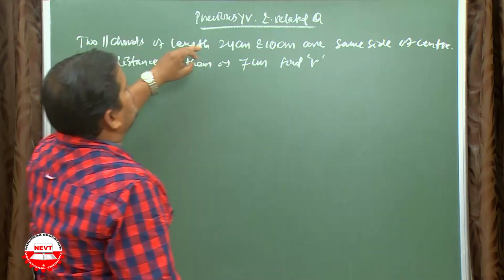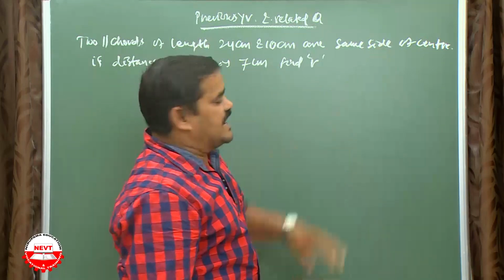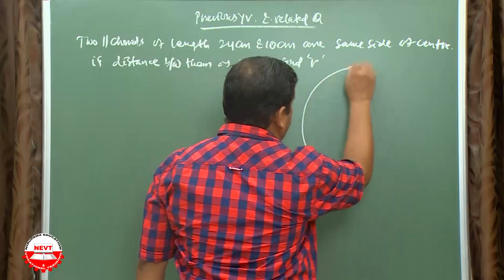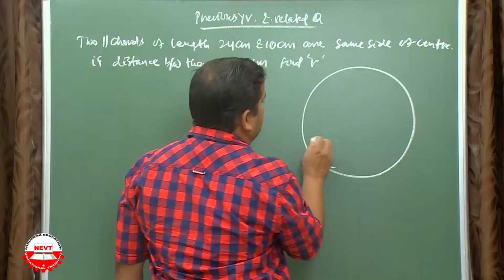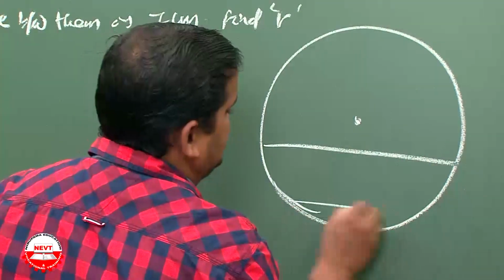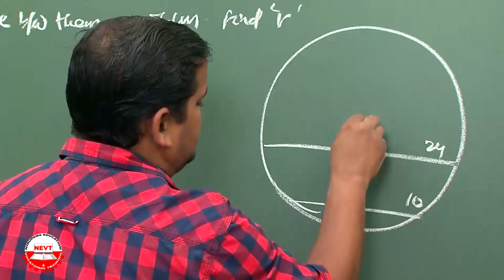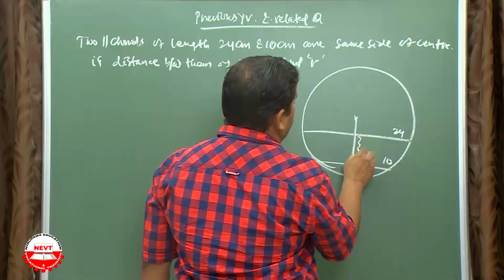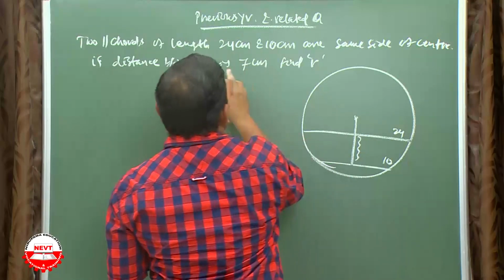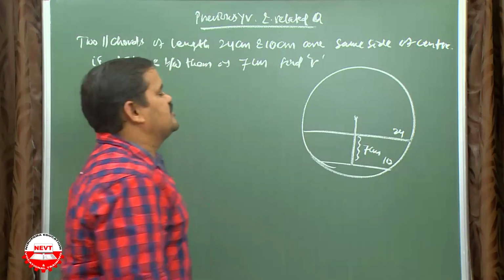Come to the next question. Two parallel chords of length 24 centimeter and 10 centimeter are on the same side of the center. If the distance between them is 7 centimeter, then find the radius.